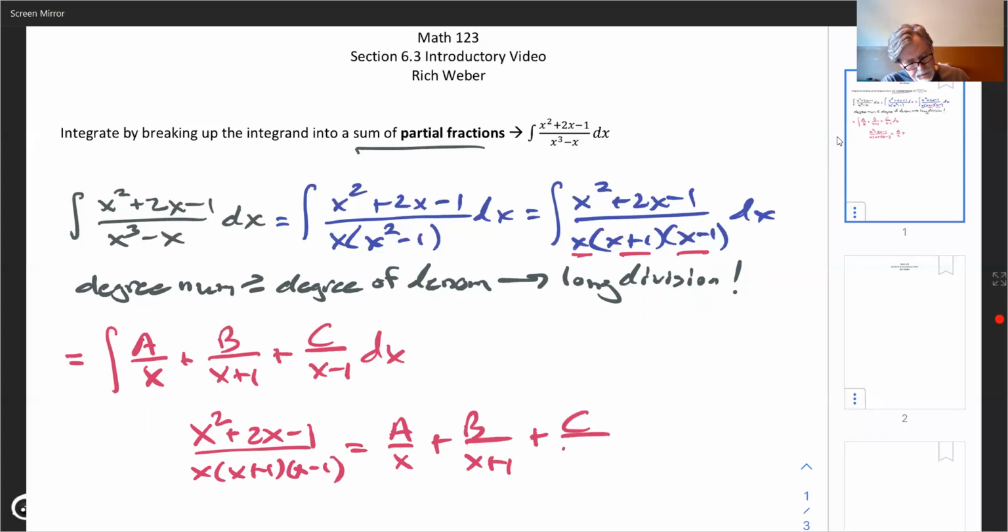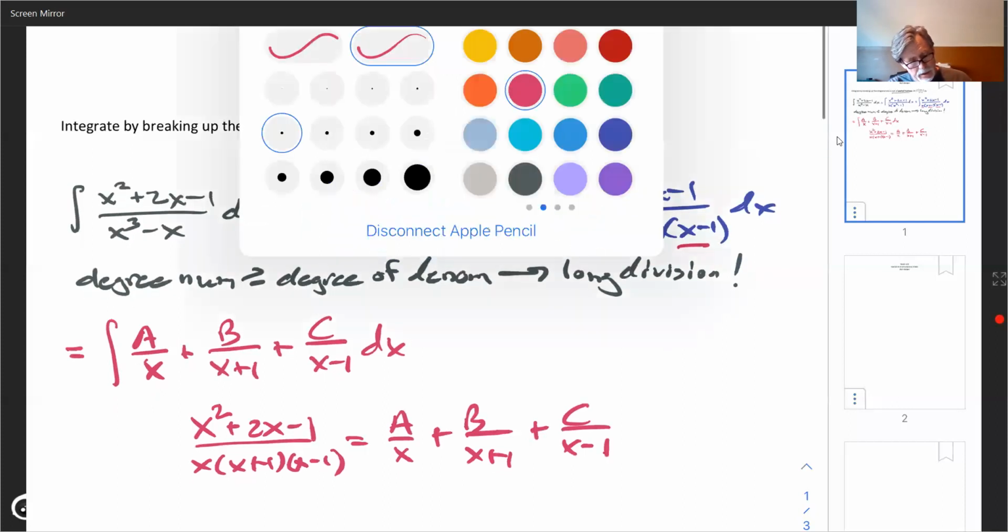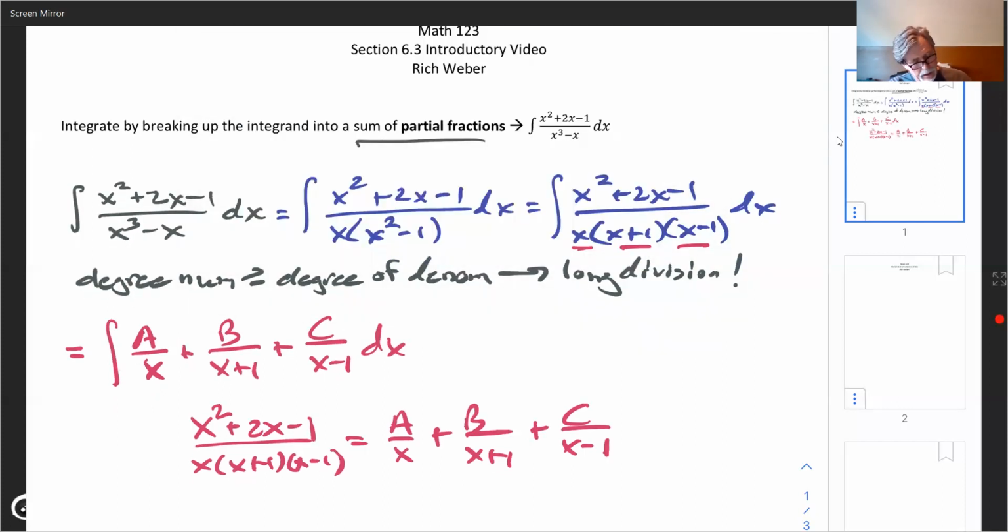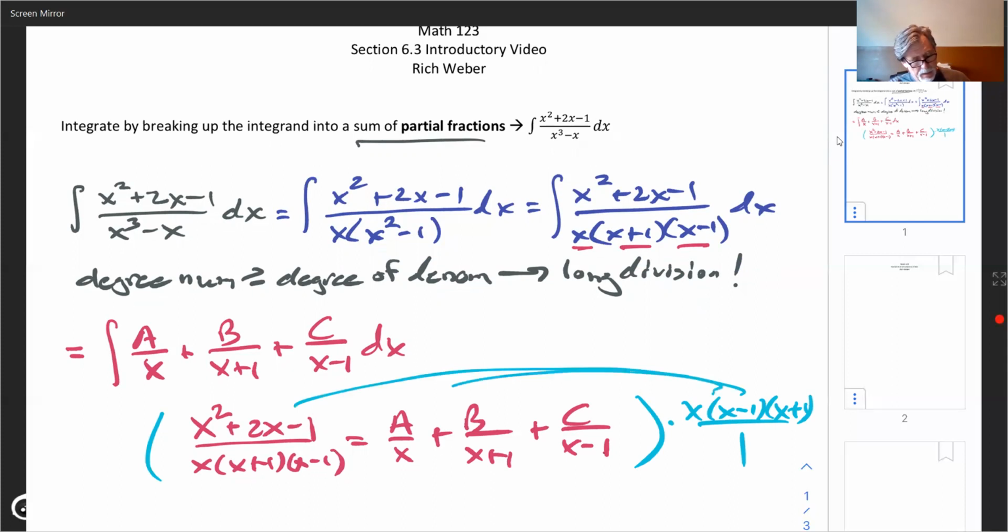hope you're not squeamish about fractions, because I'm going to switch a color here, and I'm going to multiply the entire thing by x minus 1, x plus 1. Now that's bad notation. Don't tell any of your professors I did this, but you're going to bam, bam, bam, bam. You're going to clear fractions.